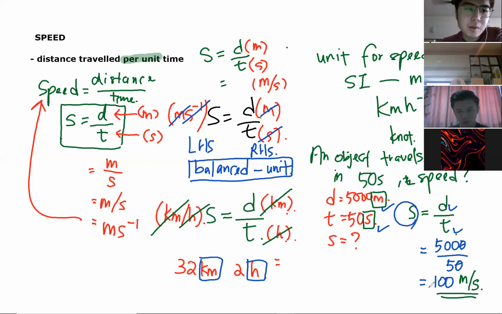If you write kilometer per hour, then the whole calculation is wrong. Just because of one unit, the whole calculation is wrong. It's not like a minor mistake where maybe I can get some marks. No, it's totally wrong.